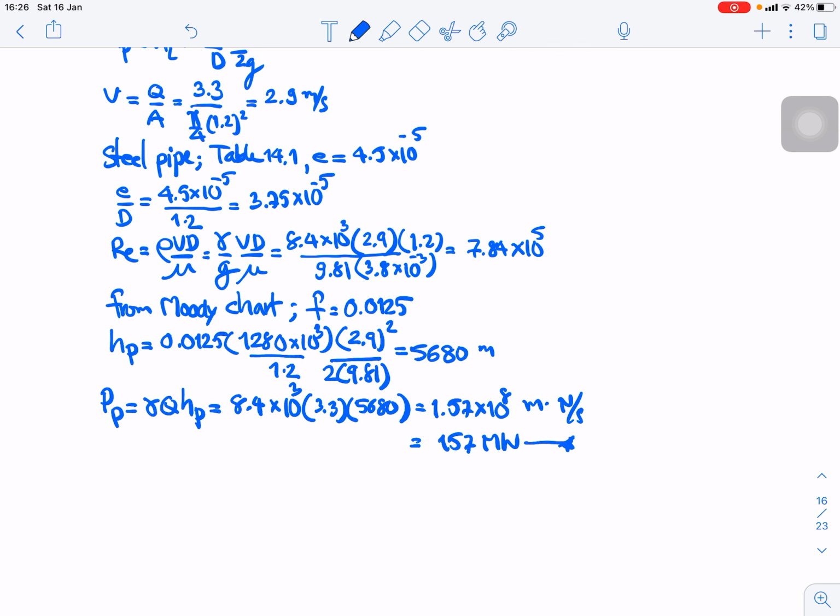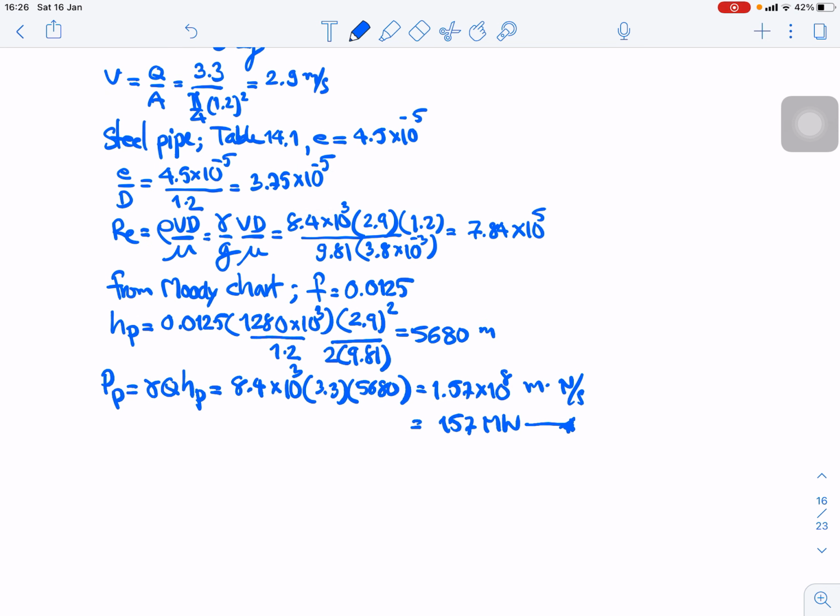Okay, that is the power required, 157 megawatts. So what we discuss from this is that this is too high.